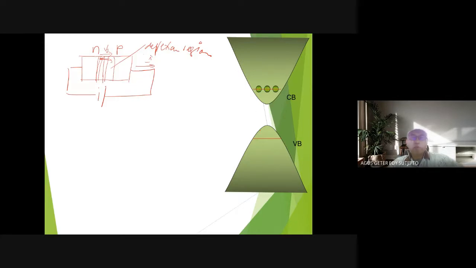The conduction band has many electrons, and the valence band has many holes. So in this case it is possible for the recombination of electrons and holes.